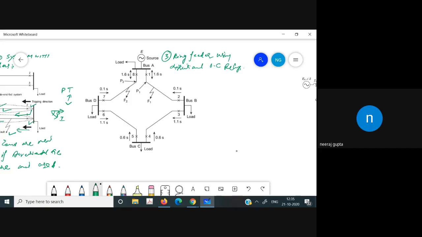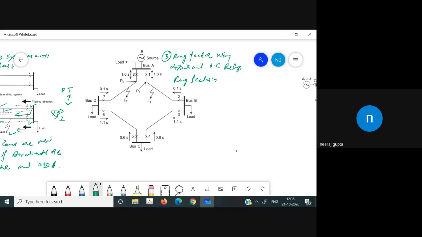What is the ring feeder? It will allow the supply to be maintained to the loads in spite of a fault in any section of the feeder. It is in the form of a ring, like you will see.